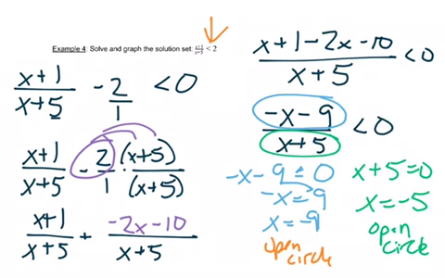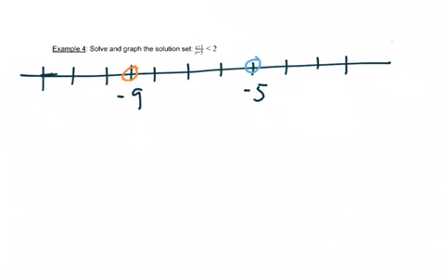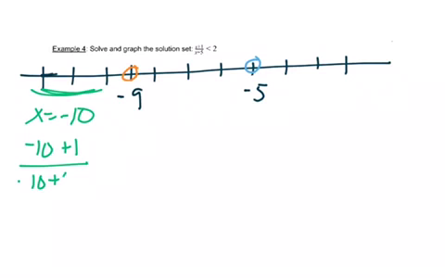So let's get the number line drawn. So now here's my number line. I've got open circles at negative 9 and at negative 5. So I'm going to start by choosing a number in this section. Let's say maybe negative 10. So I'll put negative 10 into the original problem. Negative 10 plus 1 over negative 10 plus 5. I'm trying to see, is that less than 2?